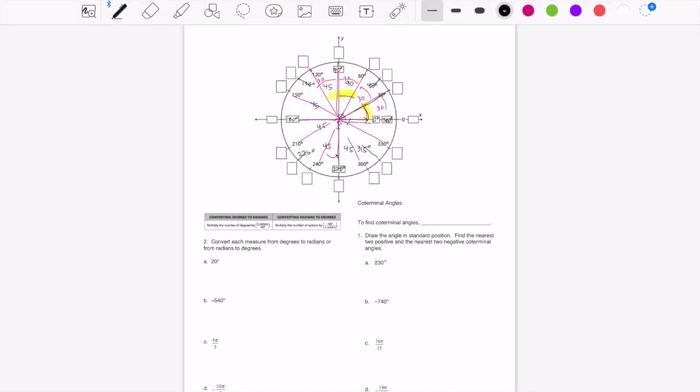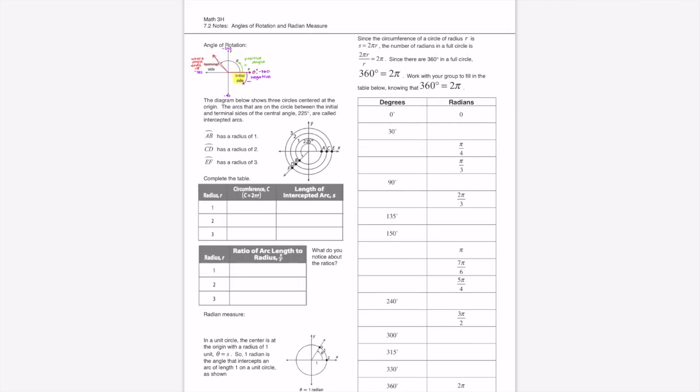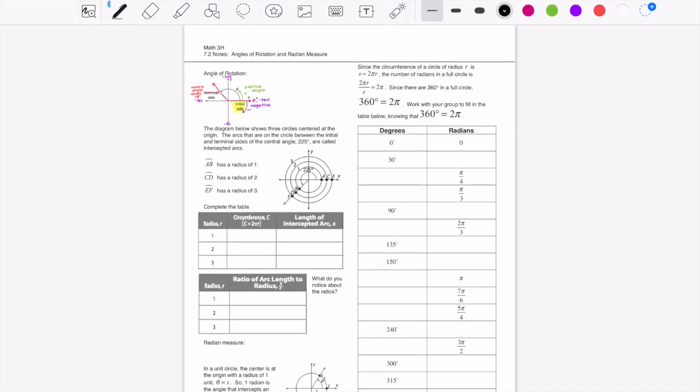The other way is in something called radians. And because this little piece right here isn't my favorite, and I don't think it's super necessary, we're going to skip those. And I'm just going to show you guys the conversion between a radian and a degree.